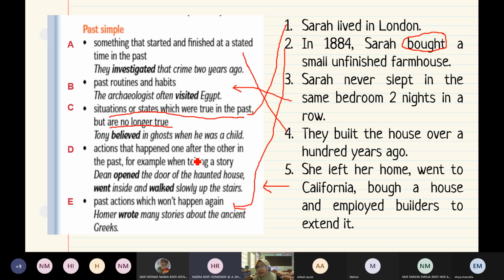Okay, Hanis. Hanis, sentence number 5. Which one is the verb? Where is Hanis?